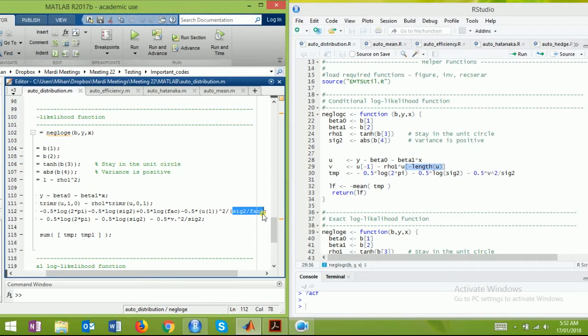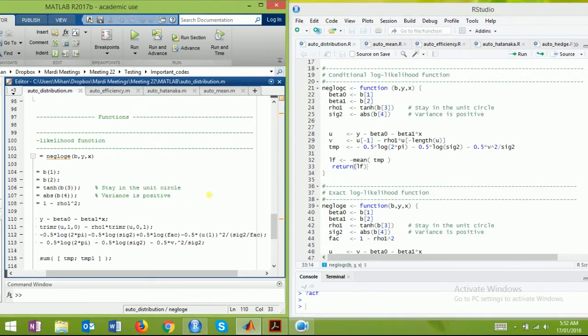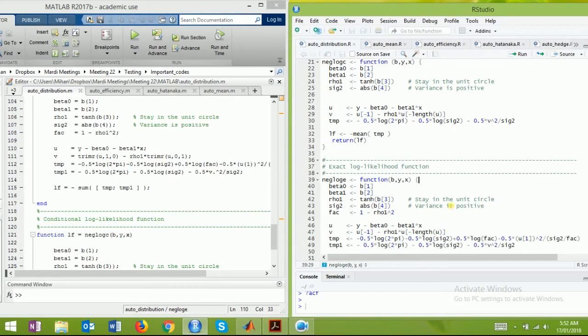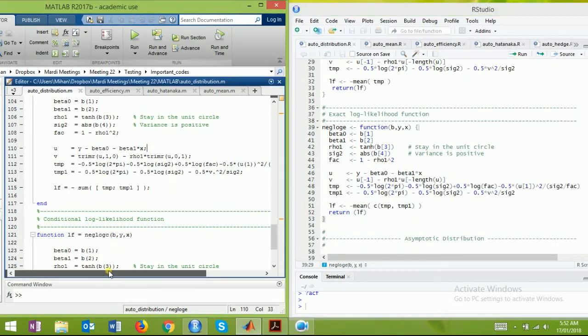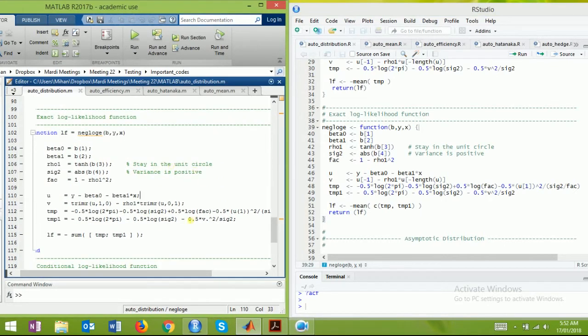1 minus rho square. So in exact, we have 0.5 log twice by 0.5 log sigma square. This is the exact log likelihood function, which is the full one.